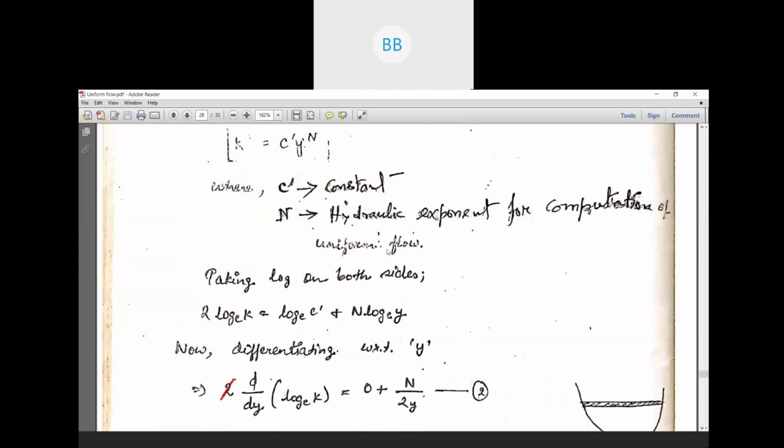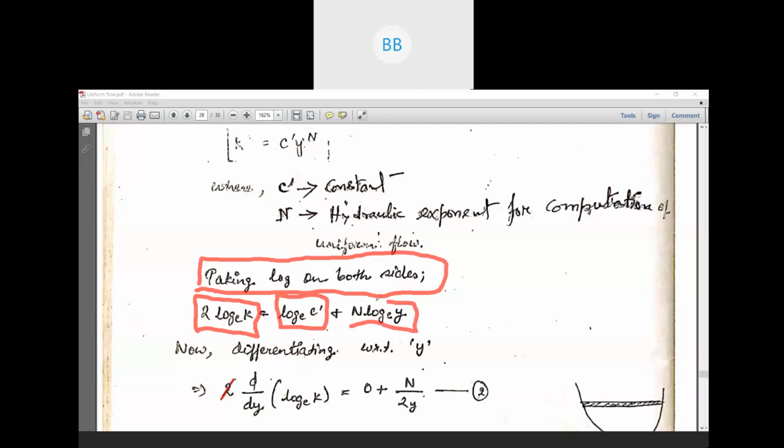Then we are going to take log on both sides of this equation. If you take log, it will be 2 log K is equal to log C dash plus, since this is to the power N, N log y.